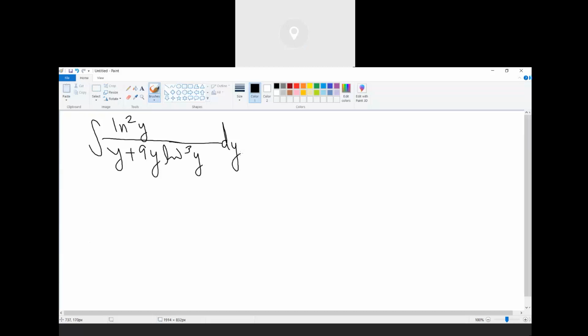How I know to possibly use substitution is my exponent in the numerator is 1 degree less than the denominator.